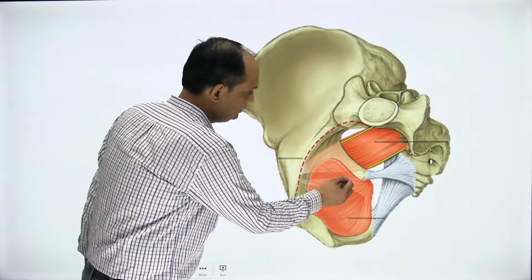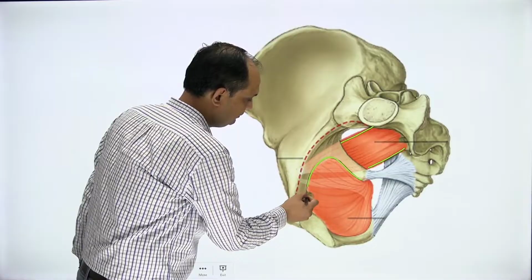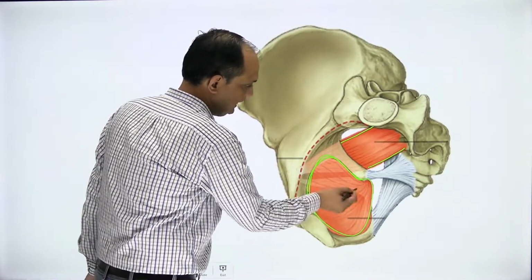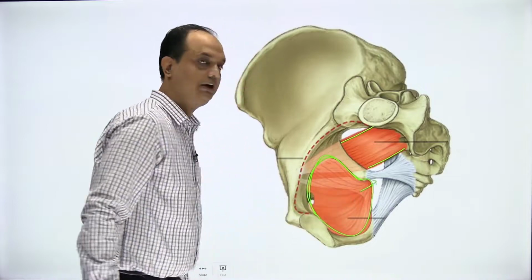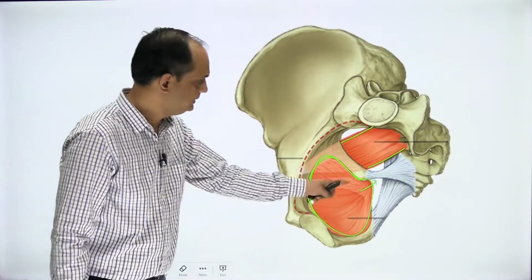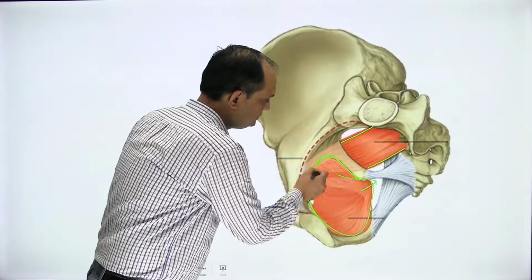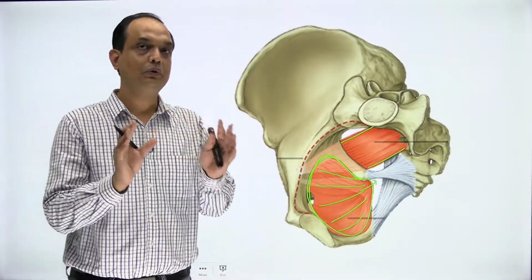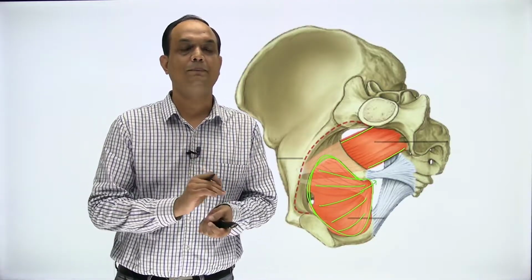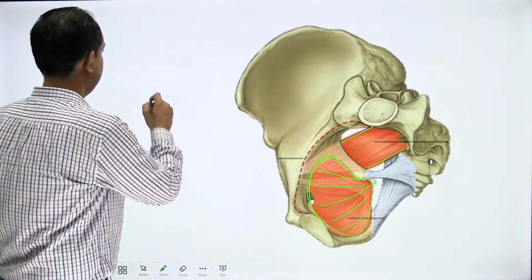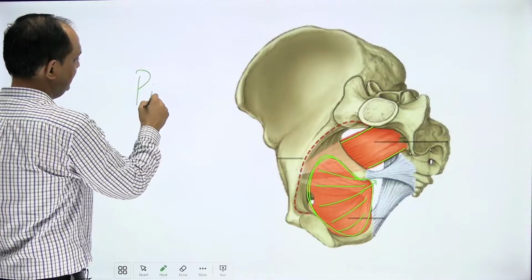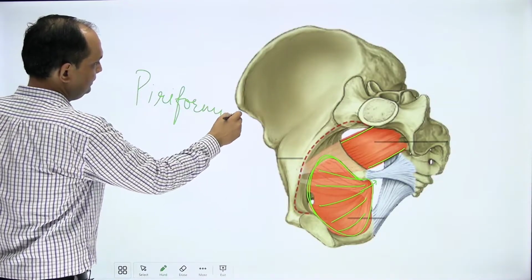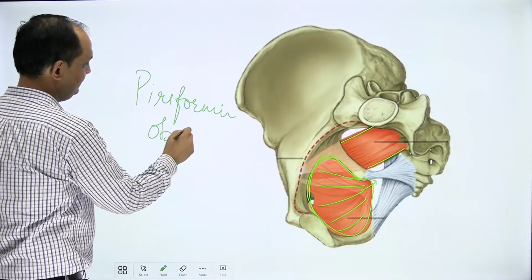Here, on the side where you have the obturator foramen, we have a muscle going through the lesser sciatic foramen, and this muscle is known as obturator internus. So there are two muscles you can appreciate here: the first is the piriformis and the second is the obturator internus.